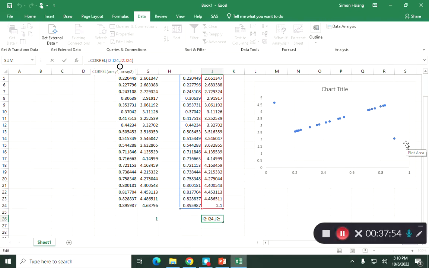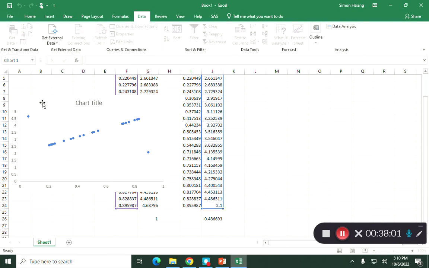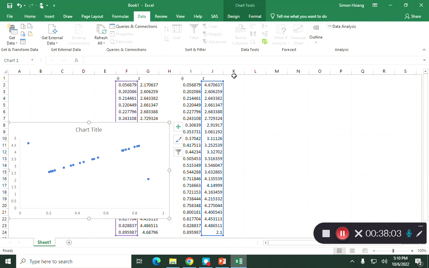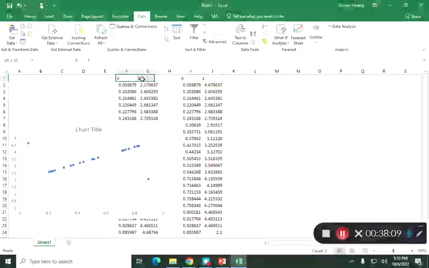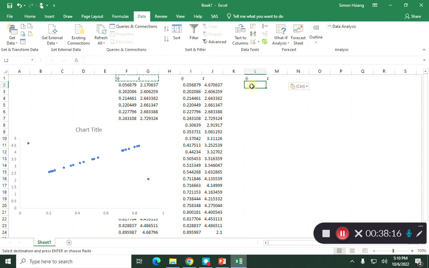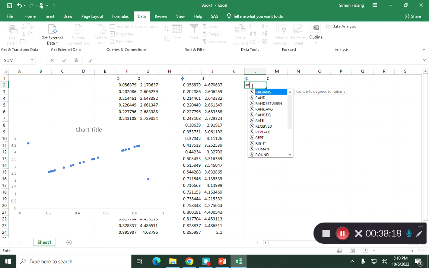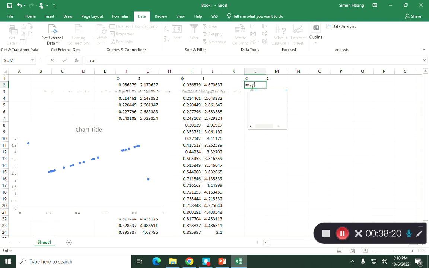Now let me play the game in the opposite way. And in DOE, I let people play with this many times. Suppose I have a bunch of z and phi. And then let me just use random numbers.